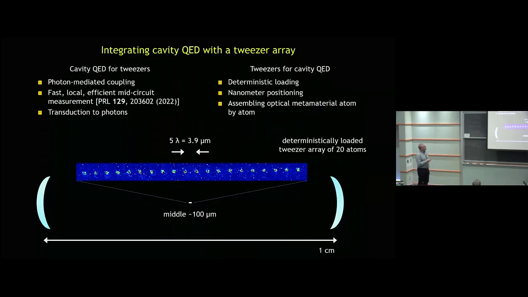I mentioned that we've done measurements where we can measure the state of a single one of these tweezers while the atoms in the rest of the tweezers remain quantum coherent. So that certainly seems like it'll be useful eventually for something like a quantum computer. Or we can just keep being interested in quantum optics itself and think about how tweezers can push us ahead in our experimental capabilities to explore new regimes of cavity QED. So that will be really the focus of what I'll tell you about today.